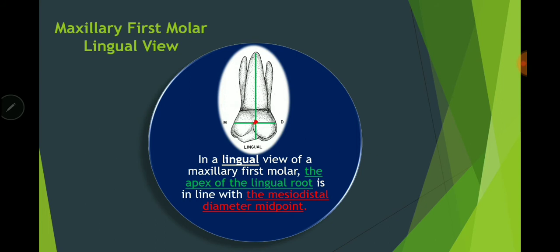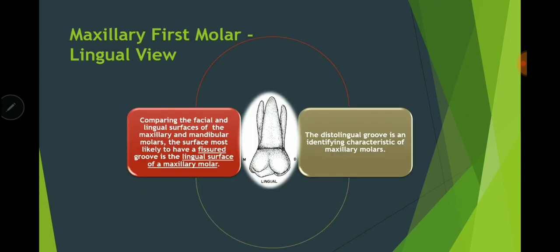They meet here at right angles, and the distance from here to here is almost equal to the distance from here to here. Okay. So in the lingual view, the line drawn from the apex of the root meets the line extending from the mesial to distal at the midpoint. All right, so this is the lingual view of the maxillary first molar.